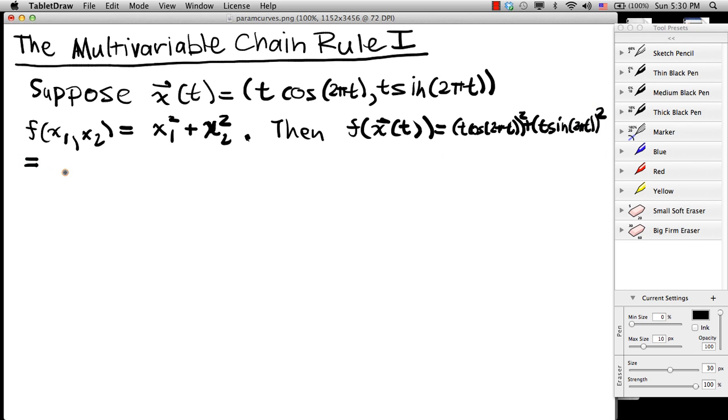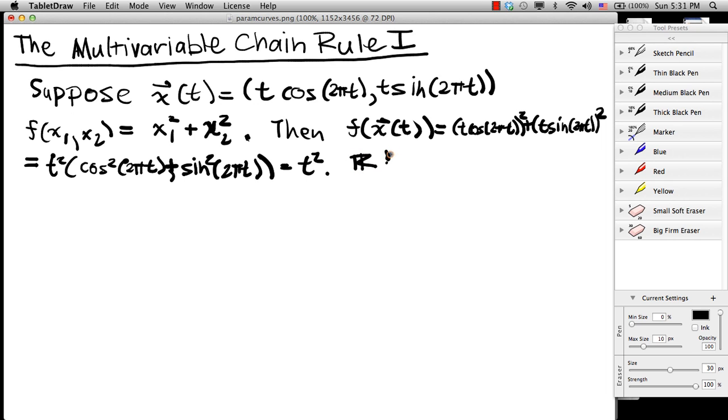And this guy is going to be equal to, we're going to have a t squared that we'll be able to factor out, t squared times cosine squared of 2 pi t. So I'm skipping just a couple of steps, but you should think about this if it's not immediately clear. You should work this out on your own. And of course, cosine squared plus sine squared is going to give us just 1, and so we obtain t squared. So this now is a function from R1 into R1.